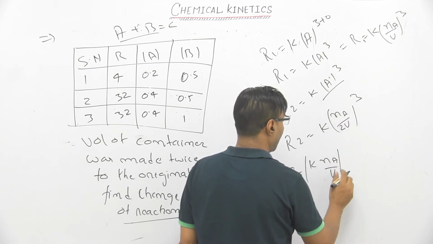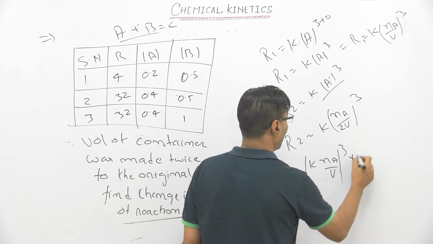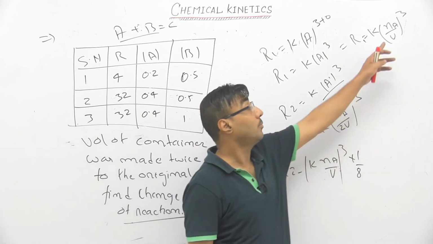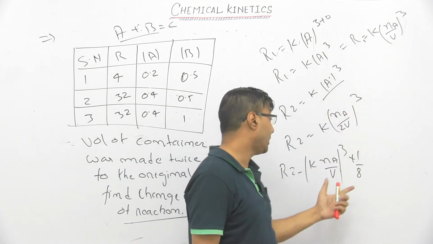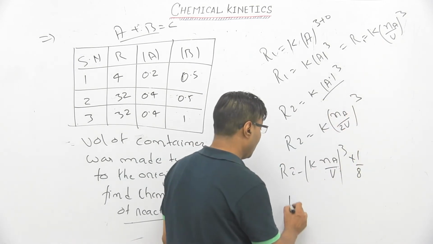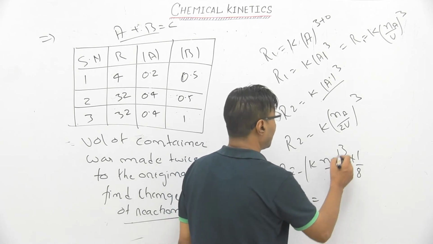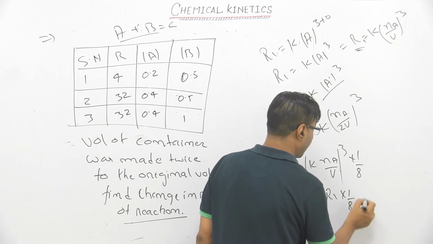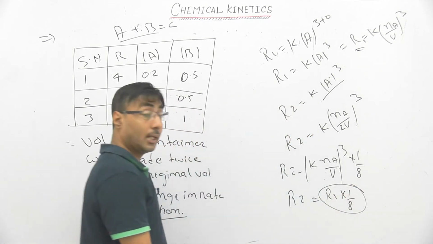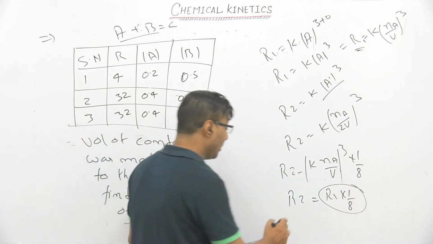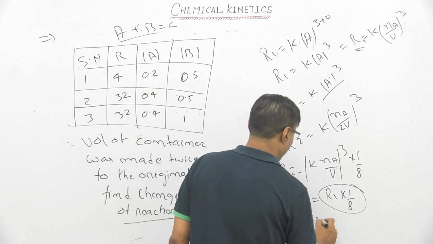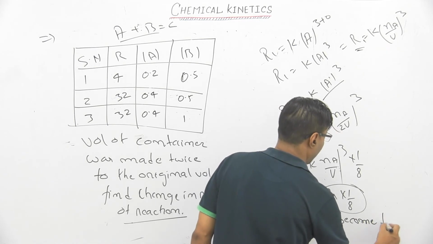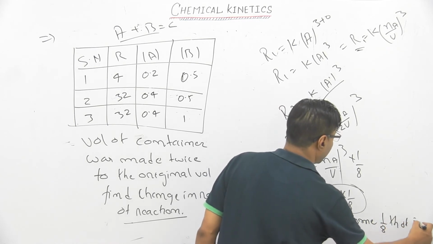So it can be written like this also, into 1 by 8. So this part is the same, and this part is nothing but R1. So R2 is equal to R1 into 1 by 8. So in this case, the rate will become 1 by 8 of the initial value.